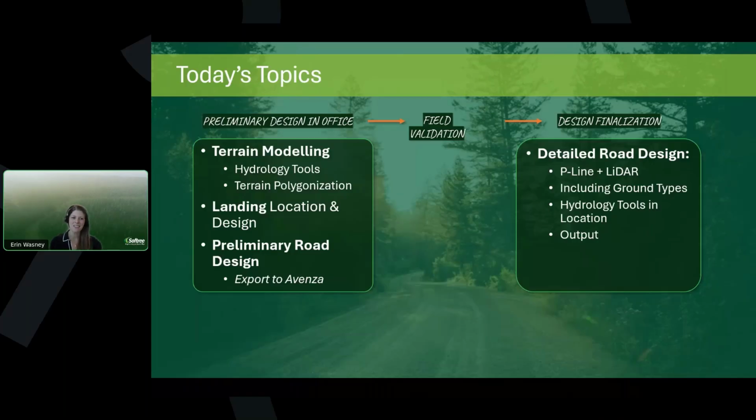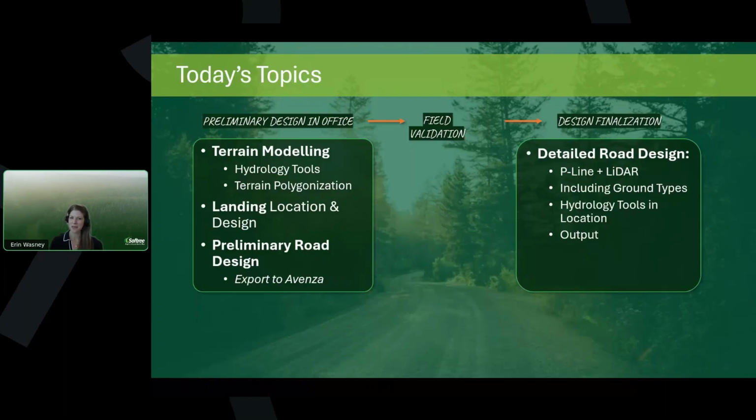So in that office section, we're going to look at building that terrain model, including some hydrology tools for how you can model your streams and ponds, as well as a new feature that's coming in version 12 called the polygonization tool. We're going to use that to identify different areas of our terrain that are perhaps too steep. We're also going to take a look at landing design, and then, of course, that preliminary road design. We'll get that figured out, where the road should be, and get that exported to something like Avenza.